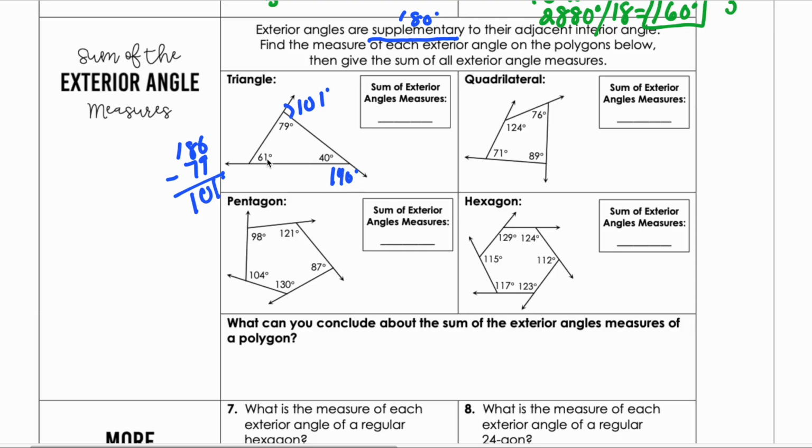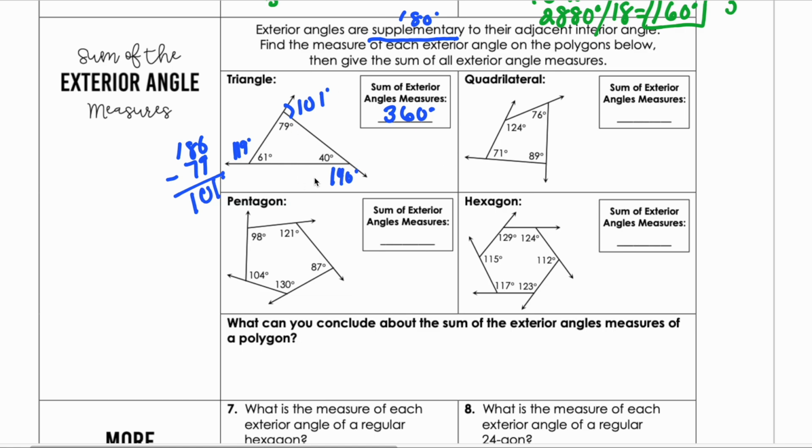And if I subtract 61 from 180, then I'm left with 119 degrees. Now that I've found the exterior angle measures, I can add them up to find the sum. Once we plug that in a calculator, you'll realize that the sum is 360 degrees.